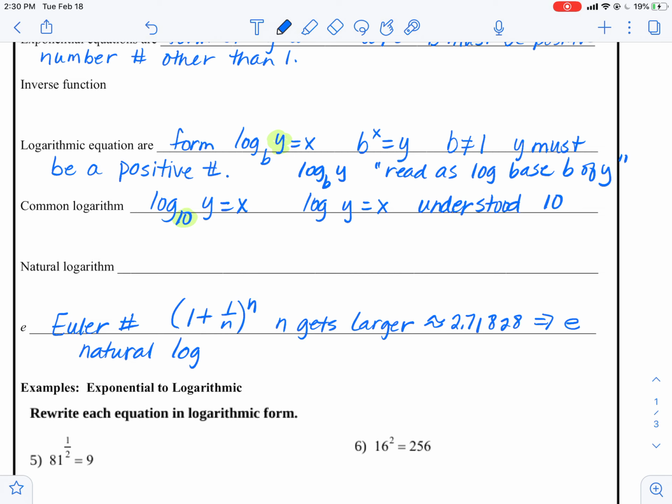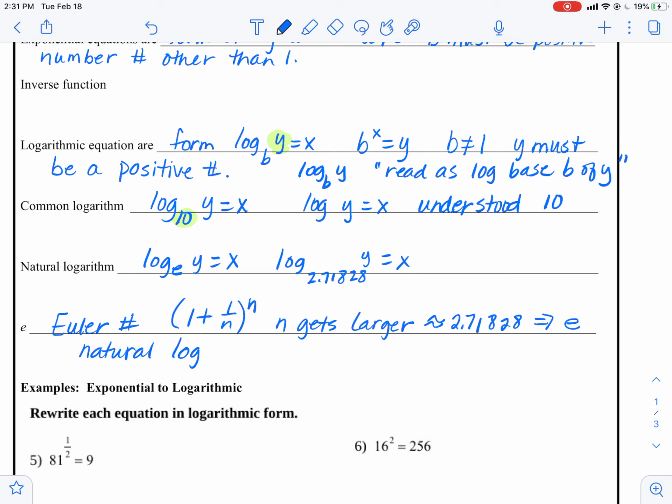So back to the natural log equation: just like the common log has an understood 10, your natural log has an understood e. In other words, log base e, roughly 2.71828. Now, we're not going to write that out all the time.